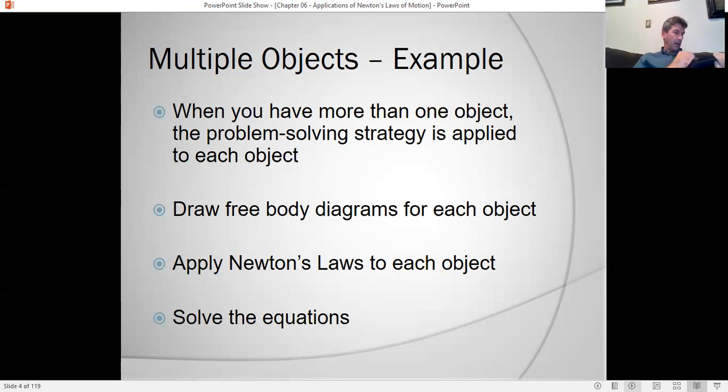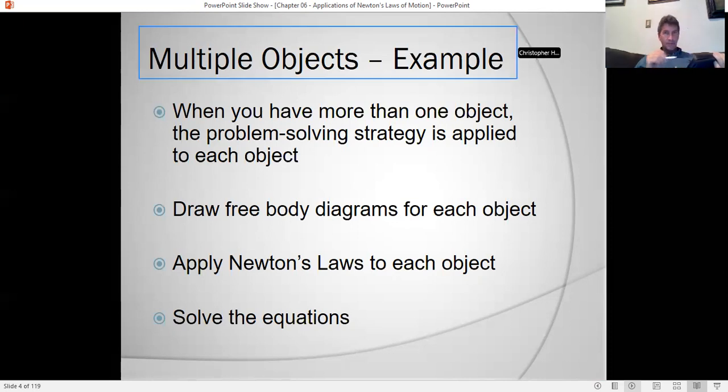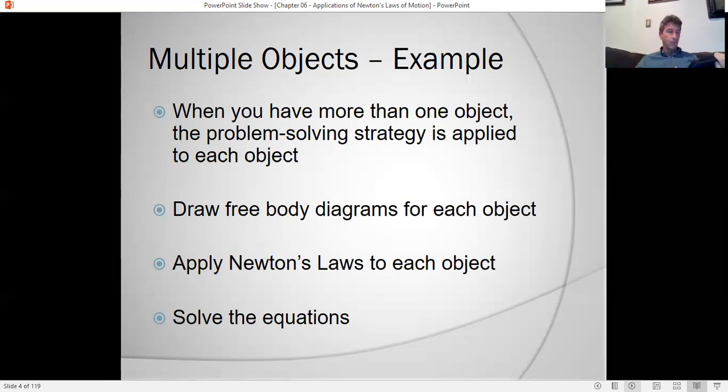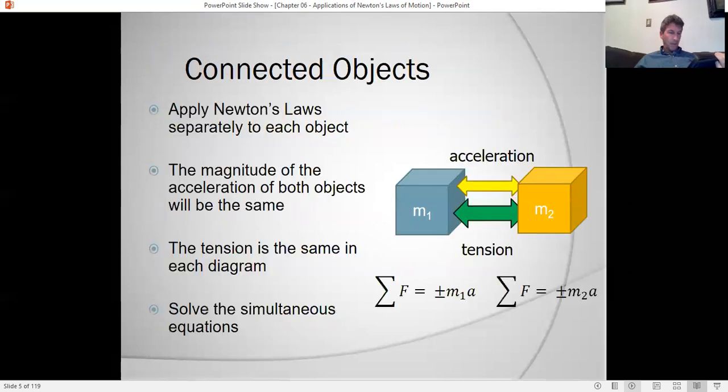All right, connected body problems. When we have multiple objects, we want to connect the forces between one object and the other. And oftentimes they're connected by a cable, which forces them to move with one another. So we'll see there'll be a connection between forces, usually tension in a rope, and acceleration.